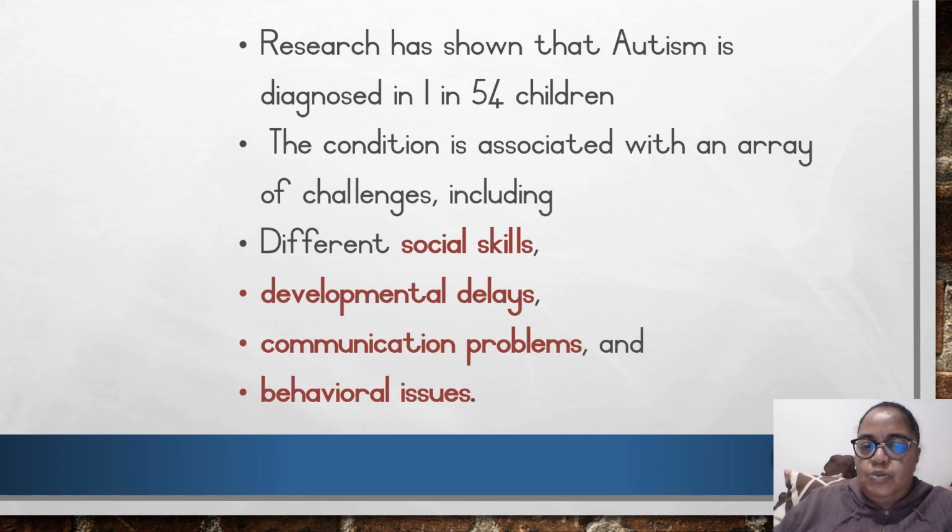When we look at some research, the Amen Clinic in the US has done intensive research on autism and given us statistics of 1 in 54 kids diagnosed with problems where they don't function well socially. They have severe developmental delays as well as behavioral and communication issues.